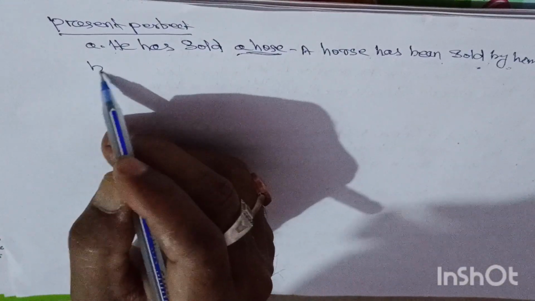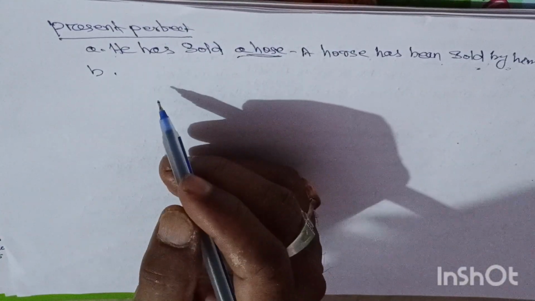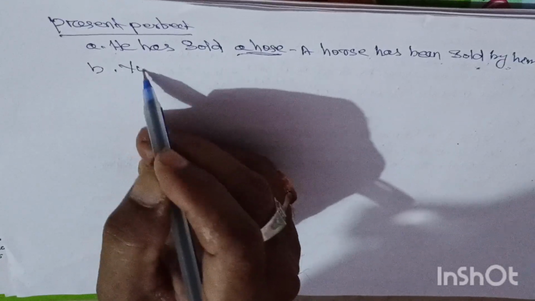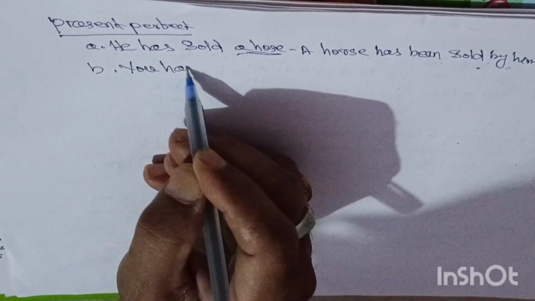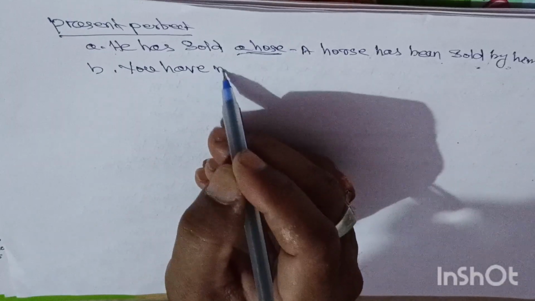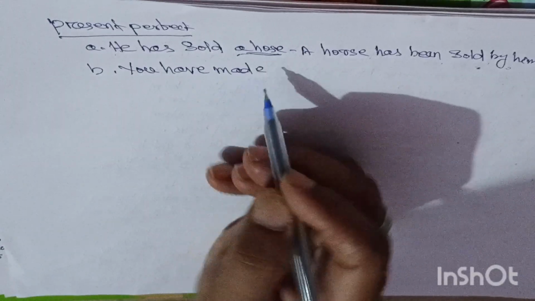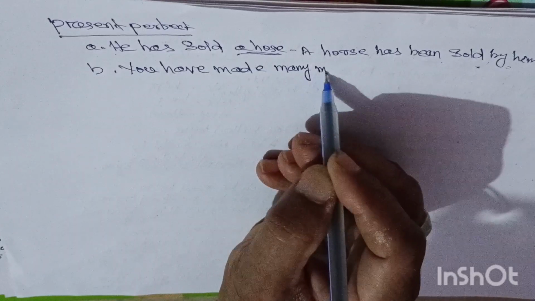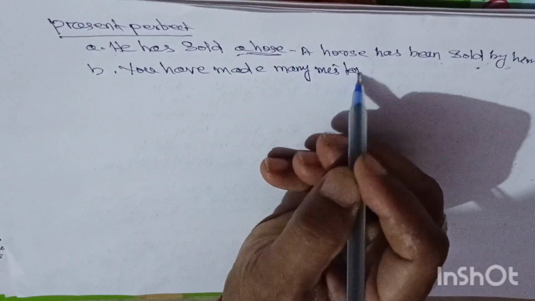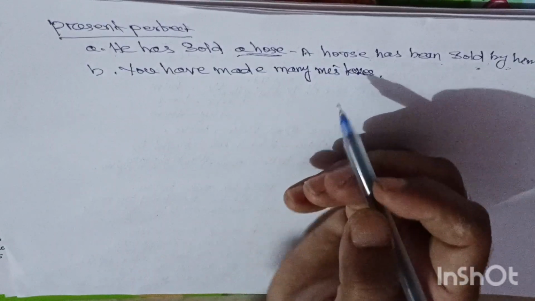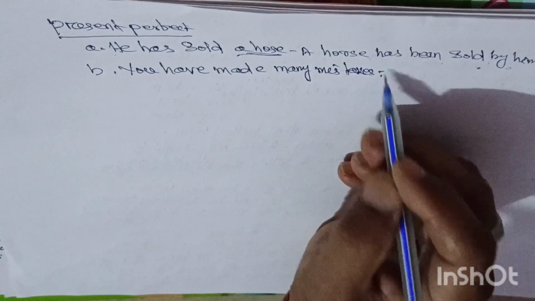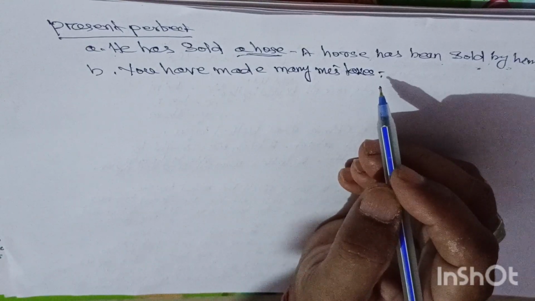In this way you can change active to passive when the sentence is in present perfect. The second example is "you have made many mistakes". First you select which is the object. After selecting the object, you put the object first.